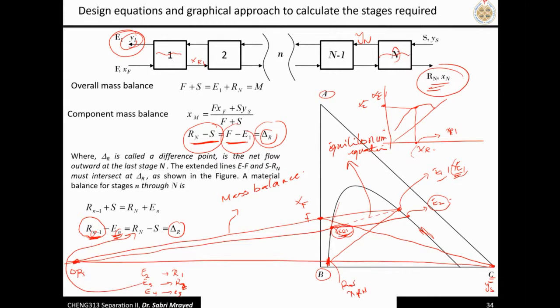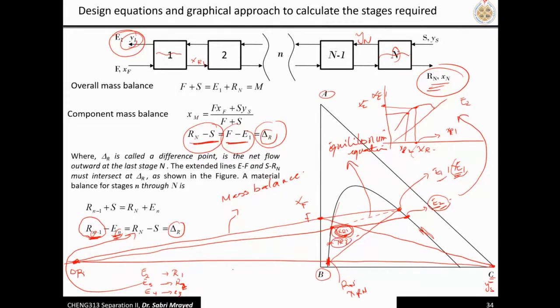Since I have R1, I connect it to delta R and extend the line until this point, and I will get E2. Now from E2 I can get the equilibrium data from this diagram again. So I can get E2, let's say this is my E2, and I can get XR2. So XR2 is going to be here.